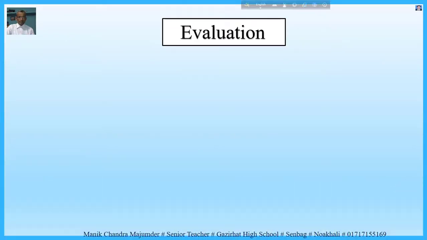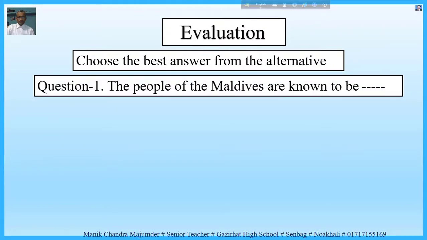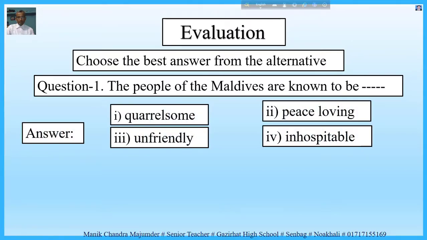Learners, there is a short evaluation for you. Choose the best answer from the alternatives. Question 1. The people of the Maldives are known to be: option 1, quarrelsome; option 2, peace loving; option 3, unfriendly; option 4, inhospitable.